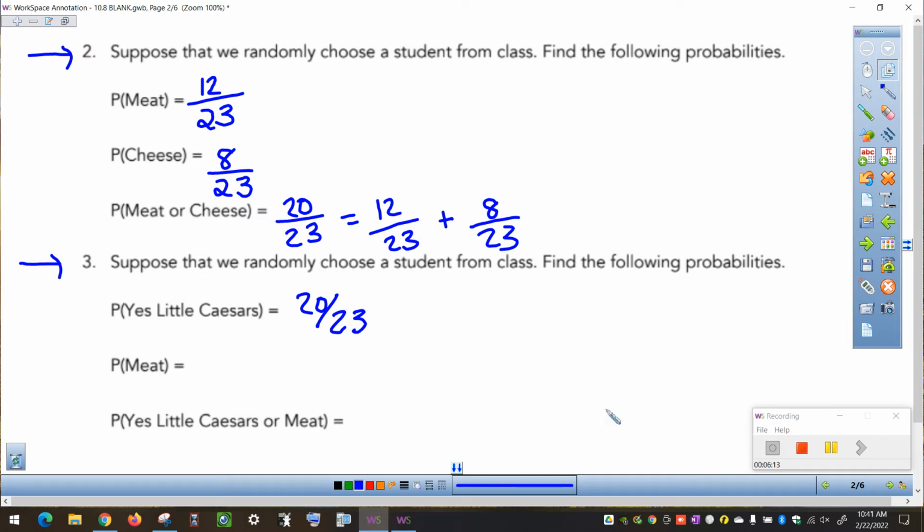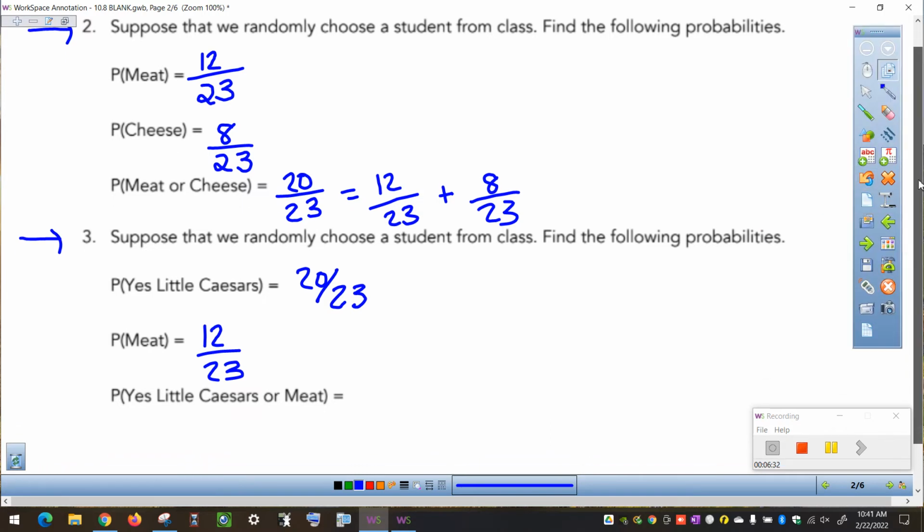All right. Then we're wanting to look at the probability that the student preferred meat, which is a really common one that we've been asked today. So let's just go ahead and copy that answer down before we got 12 out of 23. And now we want to find the probability that the student prefers, yes, Little Caesars or meat.